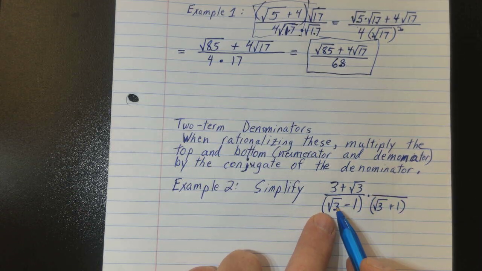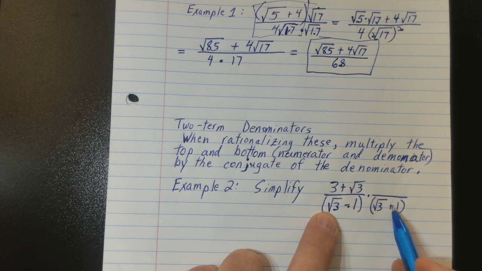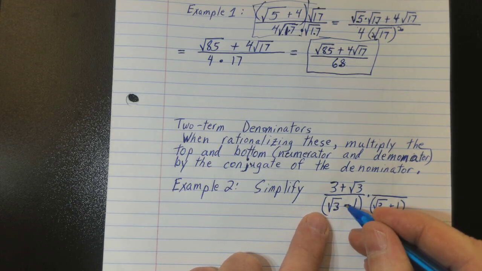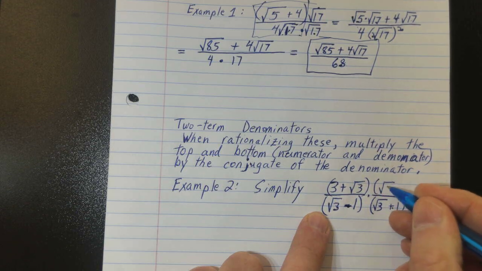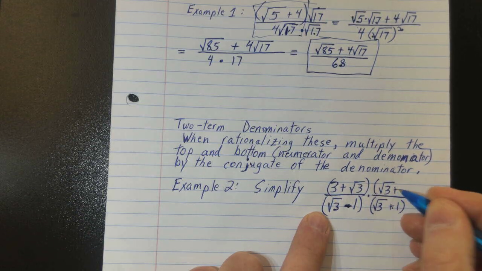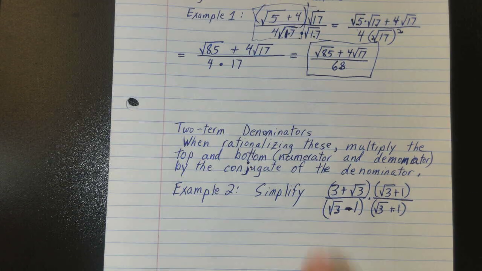So change the minus here to plus, and you have got the conjugate then. And when you multiply the bottom, you got to do the same to the top.